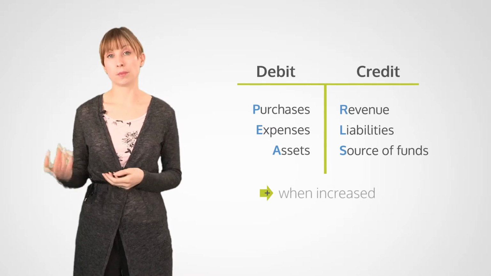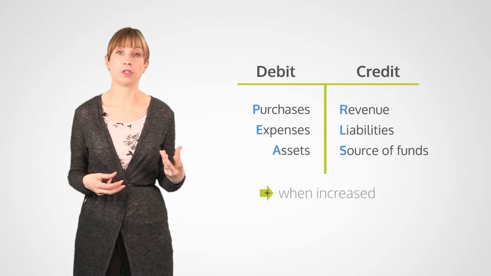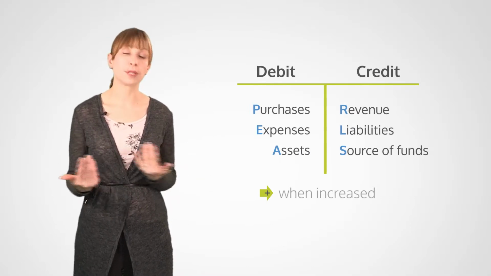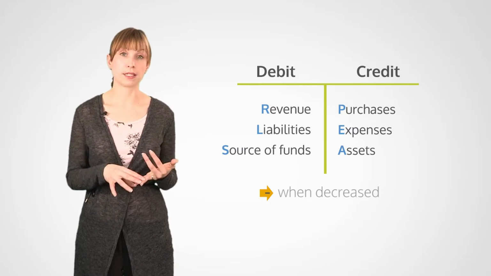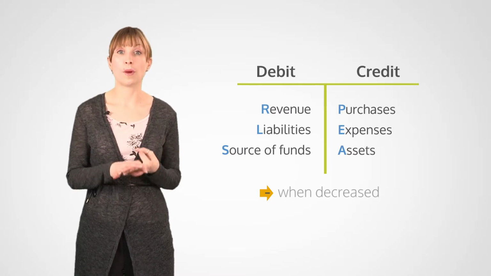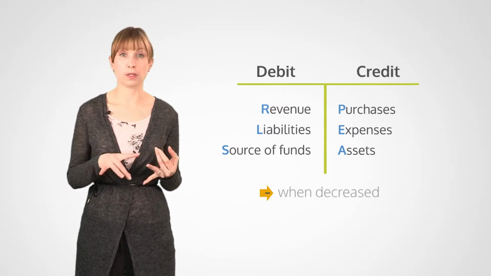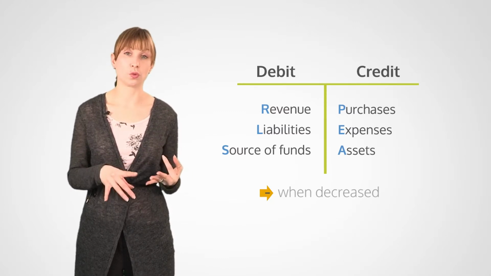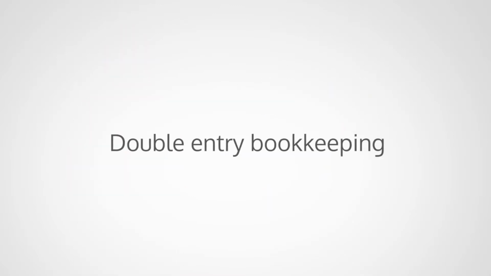So if you increase a purchase account, you're going to debit it. If you increase a revenue account, you're going to credit it. And the opposite is true when they're decreased. So purchases, expenses and assets, when they're decreased, are all credited, whereas revenue, liabilities and the source of funds, when they are decreased, they're all debited.